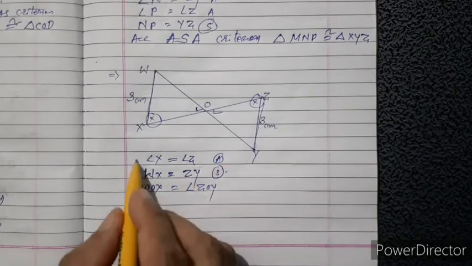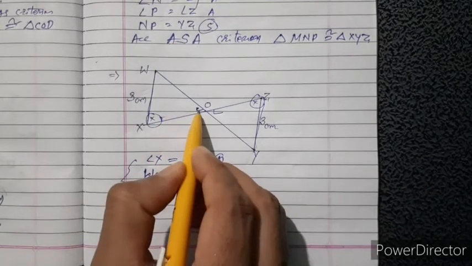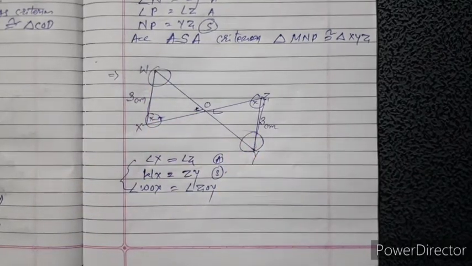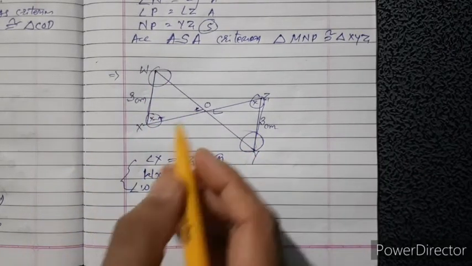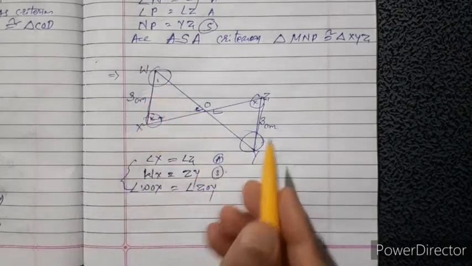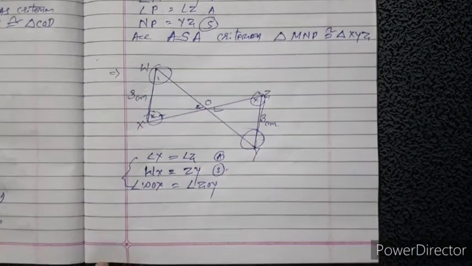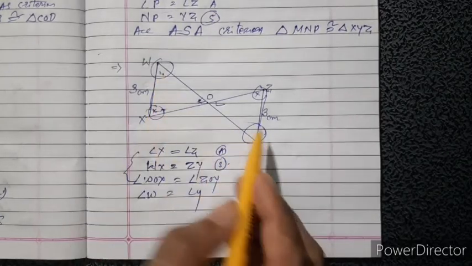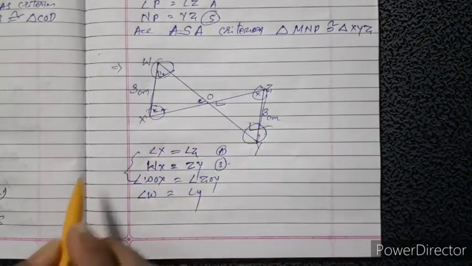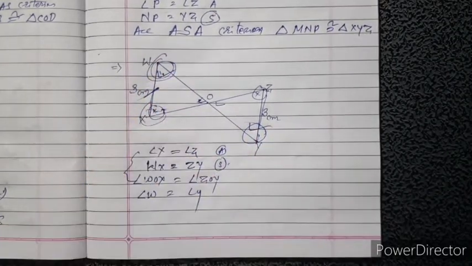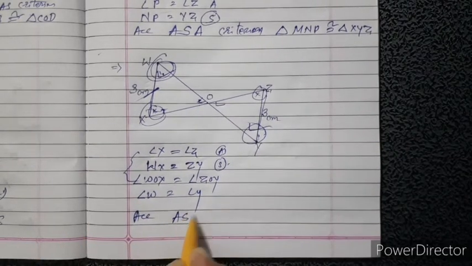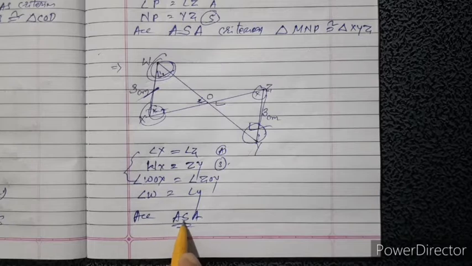In a triangle, if two angles are equal, the third one is always equal because the total is 180. So angle W equals angle Y, they are also equal. Now two angles and one equal side, the included side, so according to the ASA criterion, they are congruent.